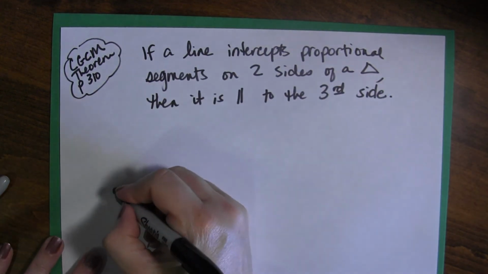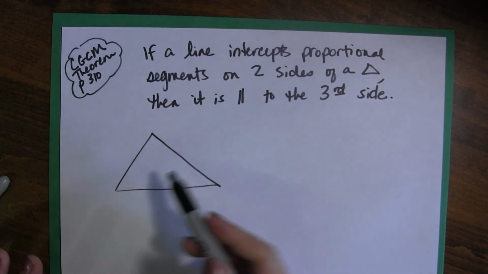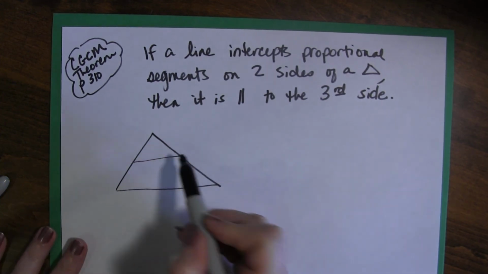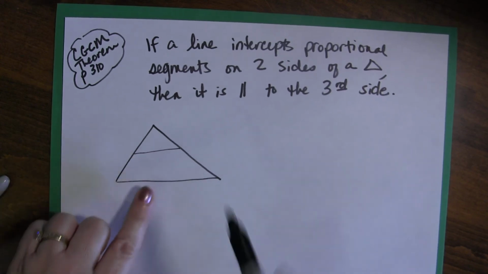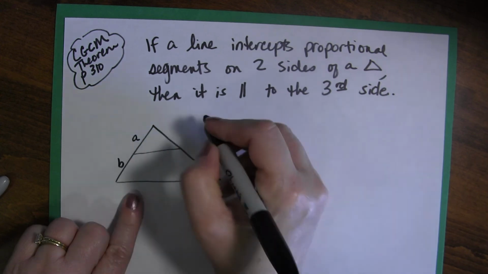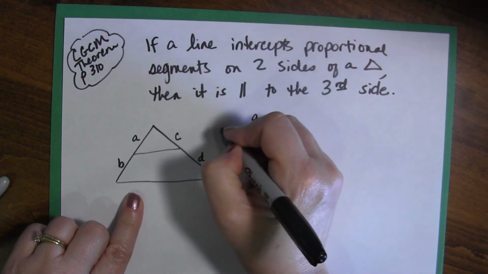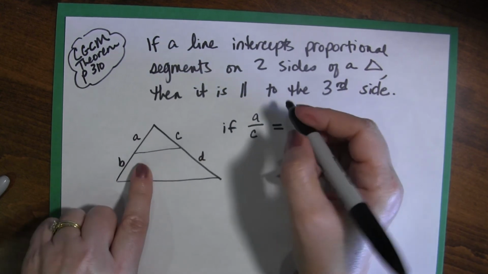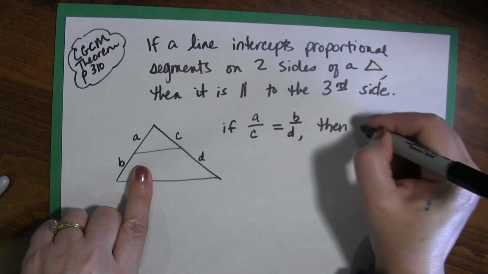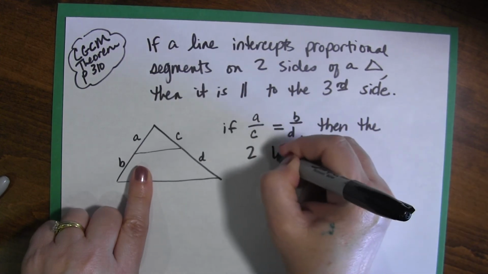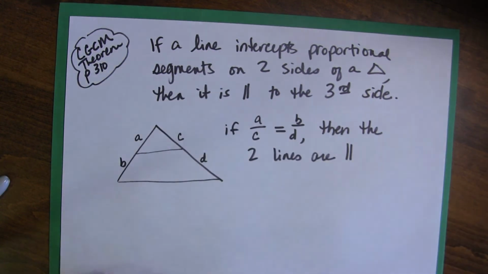So if we have a triangle and we have some sort of line, and we say, I wonder if this line is parallel to this line. Well, you would figure out if A divided by C equals B divided by D, then the two lines are parallel.